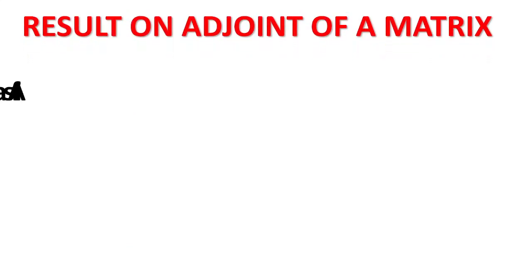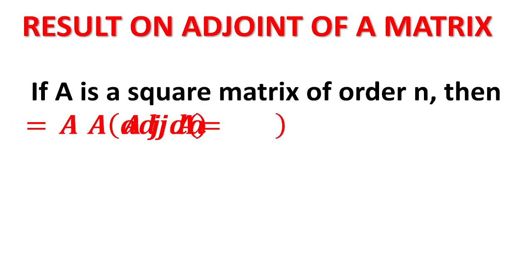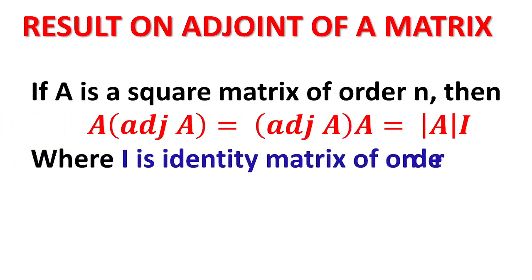Well, a result on adjoint, very important; questions on this may come. A into adjoint A is equal to adjoint A into A is equal to determinant A into I. Very important result. This result is useful for finding the inverse of a matrix. Here all of you are seeing that the product of two matrices is commutative.